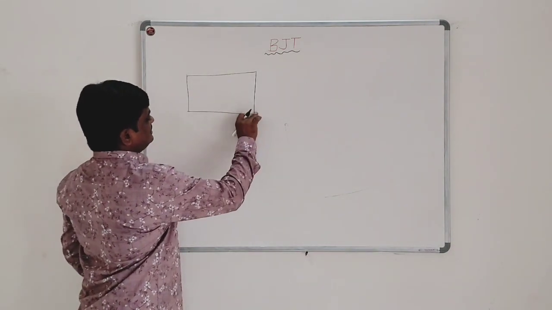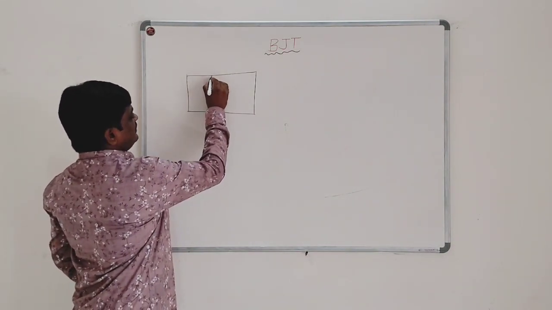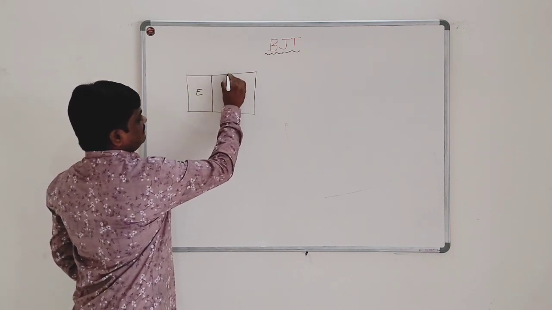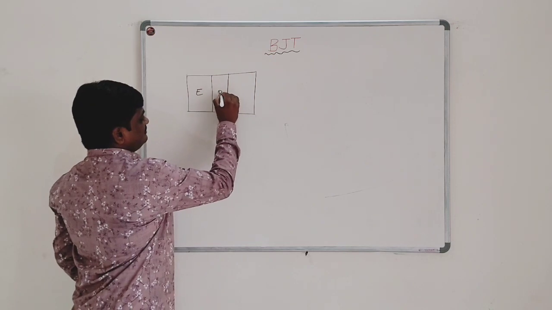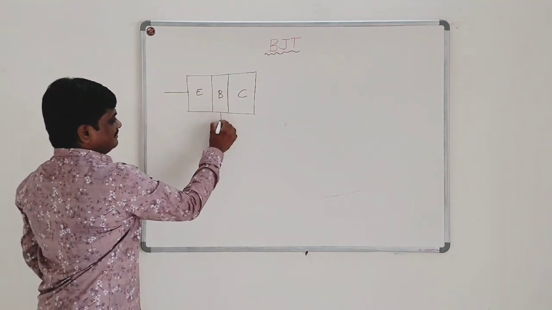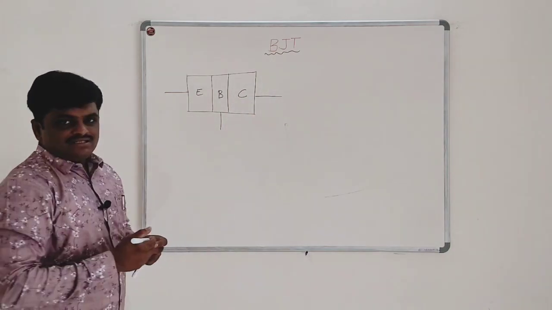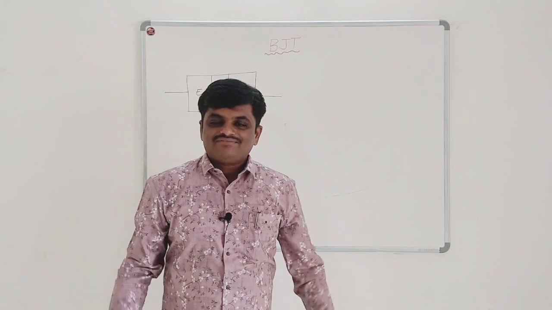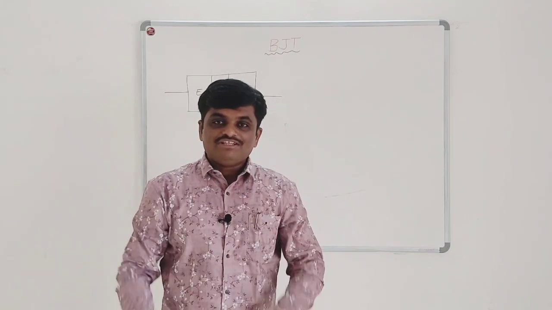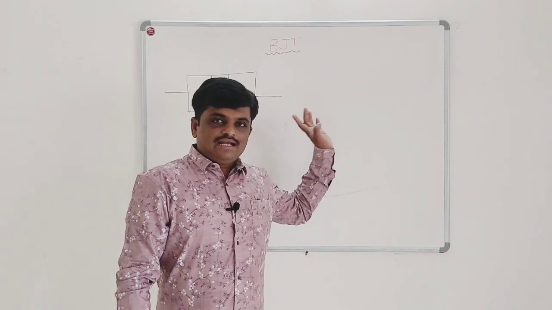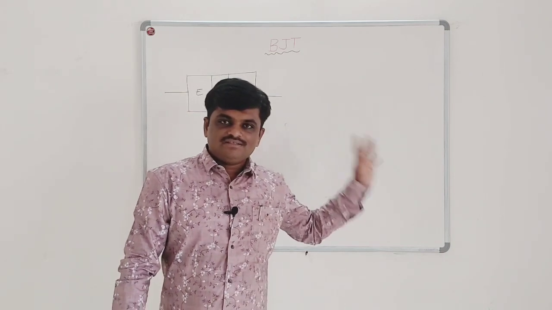You have three regions: the emitter region, the middle one is the base region, and third is the collector region, EBC. Emitter and collector are the two side regions, while base is sandwiched, it is the middle region, between the emitter region and the collector region, right?